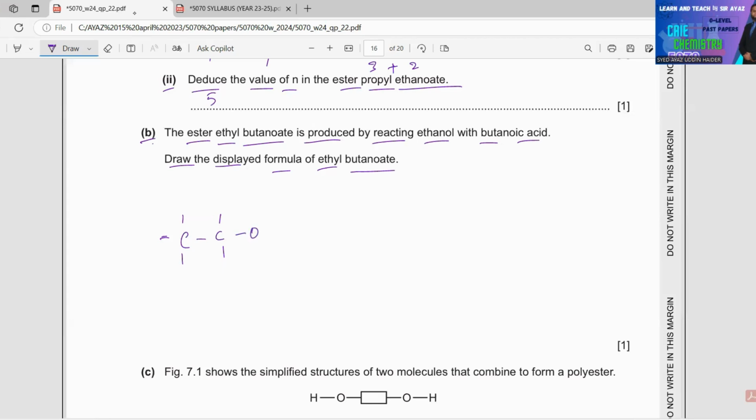We have oxygen, carbon, double bond O. Then we must have 3 more carbons, 1, 2, 3. So this is the displayed formula for ethyl butanoate.